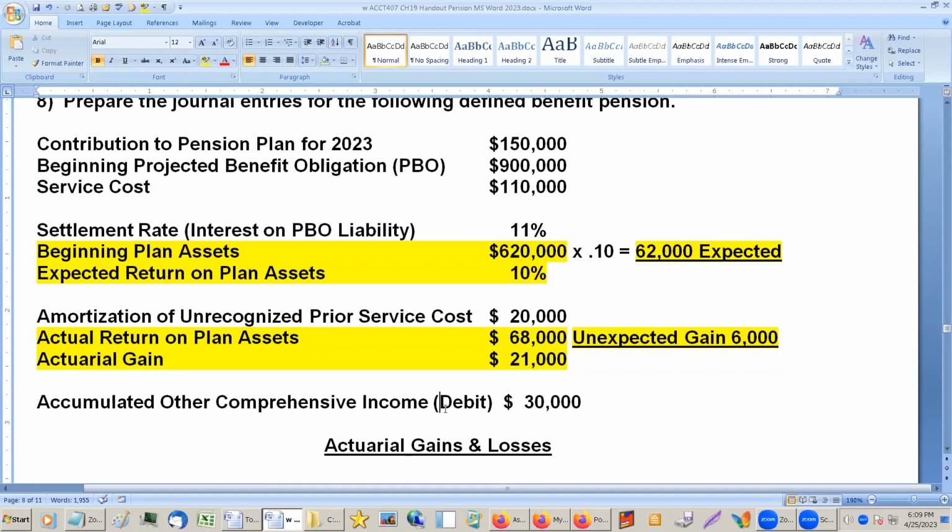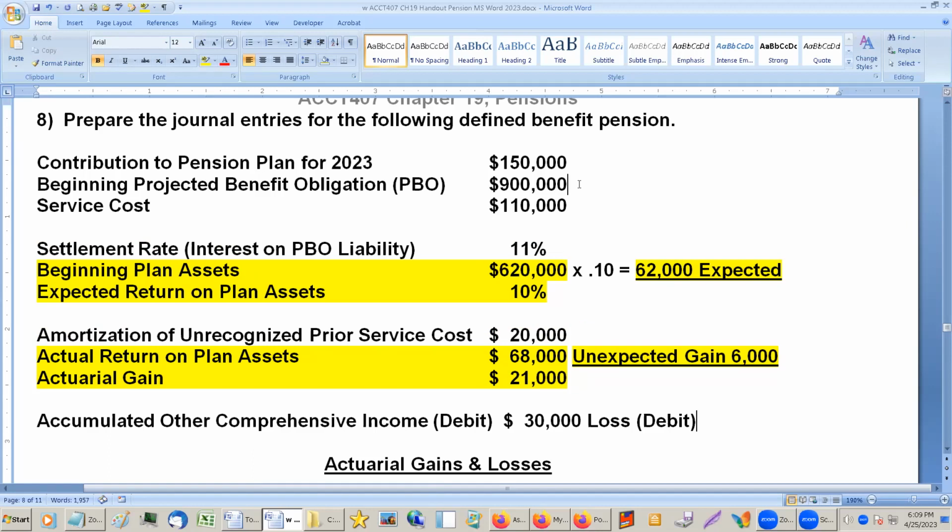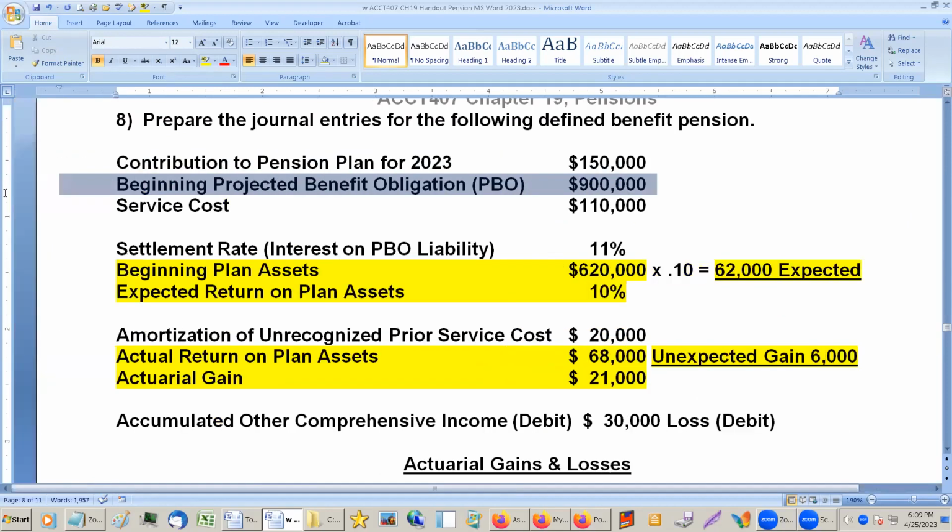Now there's actually accumulated other comprehensive income debit. This is a loss. If it's a debit, it's a loss. All right, so if you combine the 30 loss and the 27,000 gain, you're still at a $3,000 loss. And there is a 10% corridor, which means 10% of the PBO. If it goes more than that, you have to jump through some hoops.